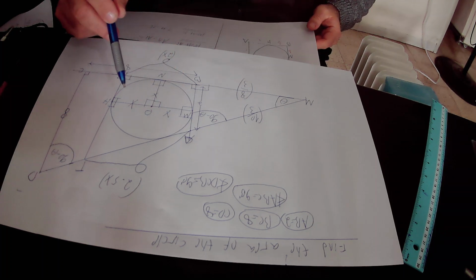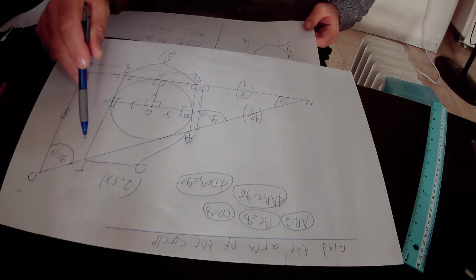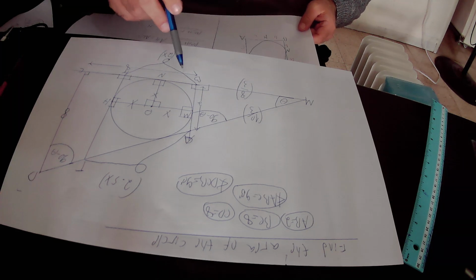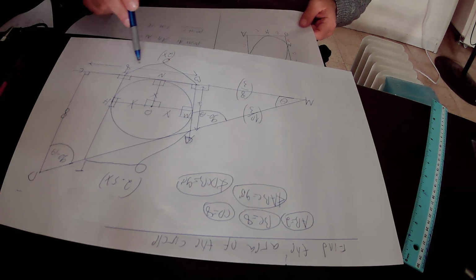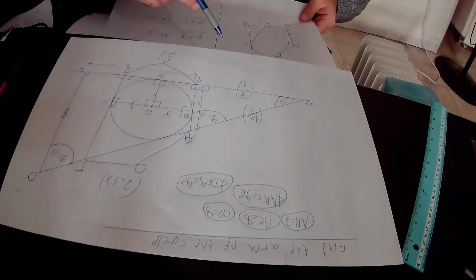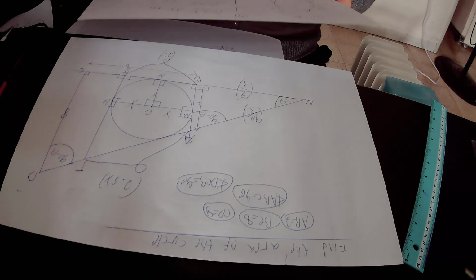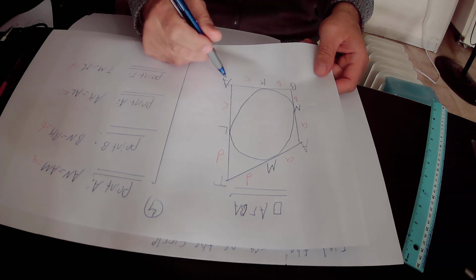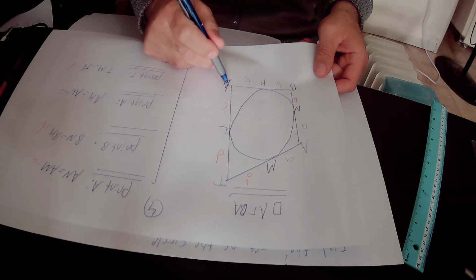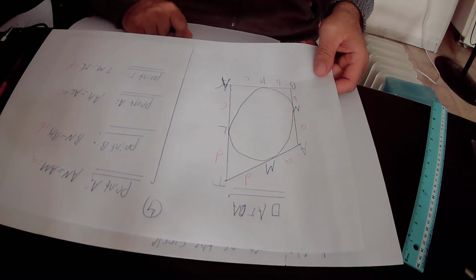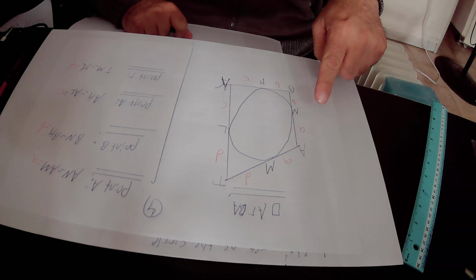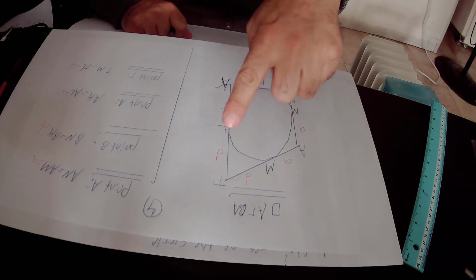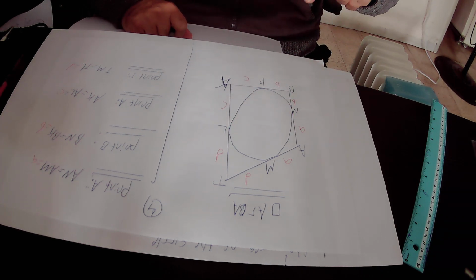Actually the quadrilateral is ATBK. I copied quadrilateral ATBK here, so it is ATBK. This point is point K and not point B. So actually we added side AT to side BK.